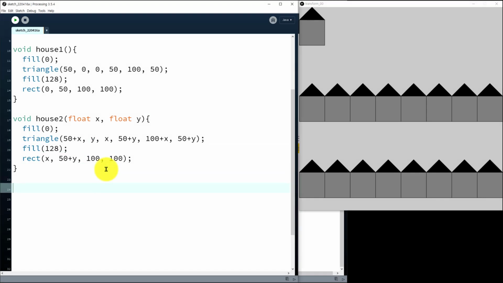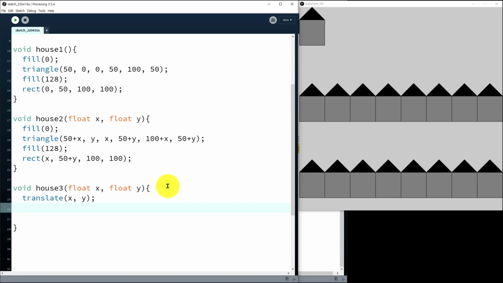Okay, so I'm going to make void house3. It will have float x and float y parameters. The house3 function is going to use the house1 function, which means to draw the same house at a different point, we are going to translate the coordinate system itself by x and y.